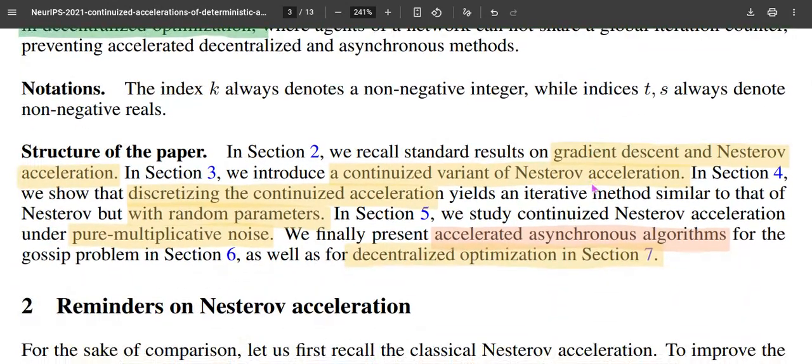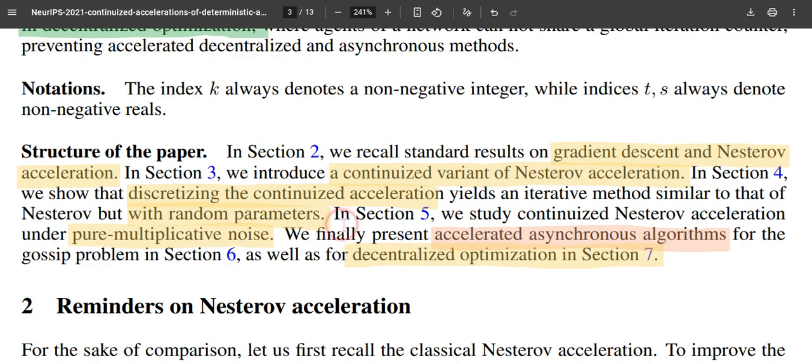So this paper is sectioned as follows. In section two, maybe in the next video, we will try to introduce the gradient descent basic version, the basic fundamentals. Then this paper introduces the continuous version of the Nesterov accelerations. Then how the discretized continuous acceleration can be technically similar to the original versions, and how introducing the random parameters helps to set up a stochastic gradient descent.